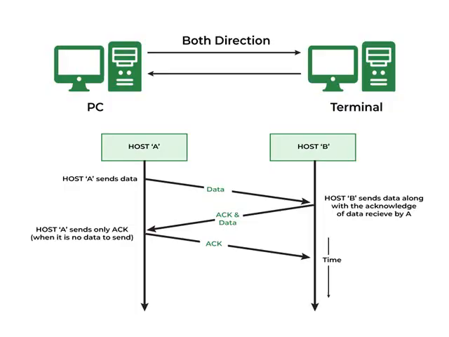Here the acknowledgement travels freely along with the data frame sent by host B to host A. Hence, this technique of sending the data frame along with the acknowledgement to host A is said to be the piggybacking technique. Here the acknowledgement takes a free ride along with the data packet to be sent to host A. This technique is said to be piggybacking.